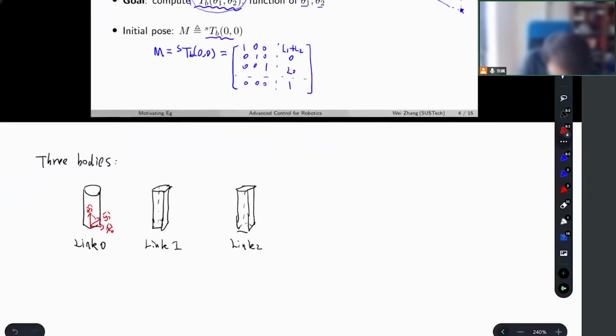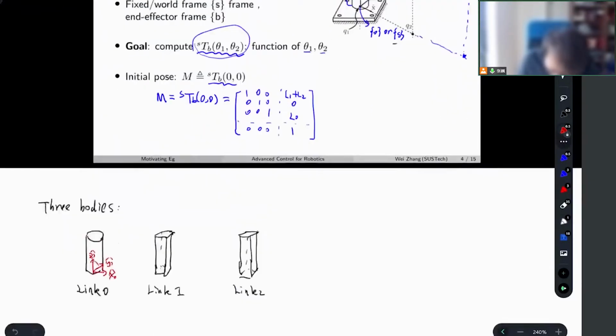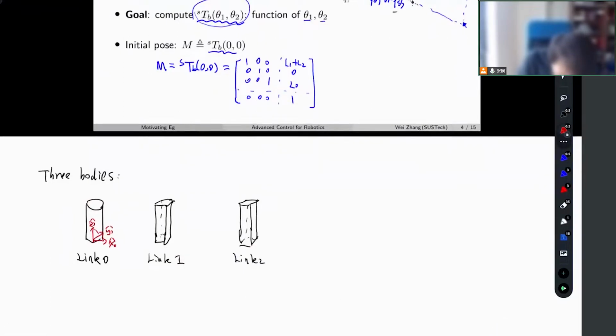And for this link 1, I also attach a body frame to the bottom, because for some reason I want the Z direction to be along the height of this box. So this is Z1 hat, this is X1 hat, this is Y1 hat. I hope you know what I mean.